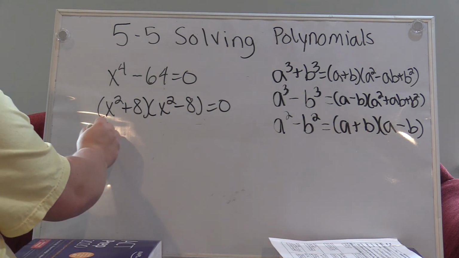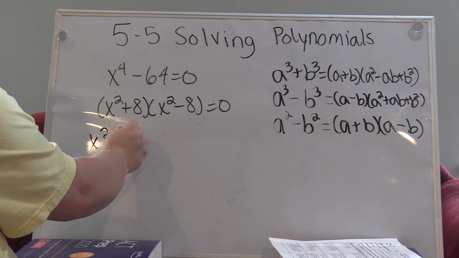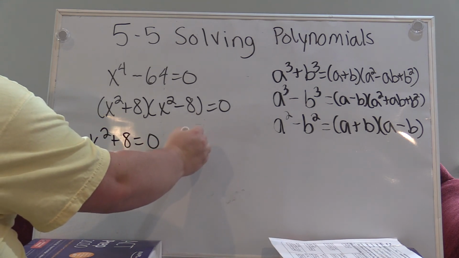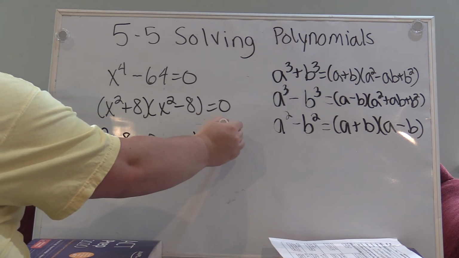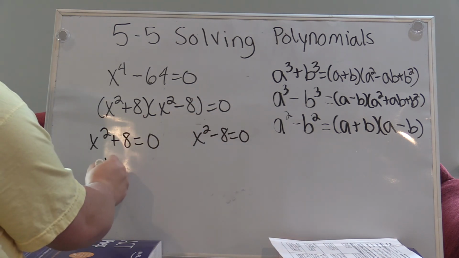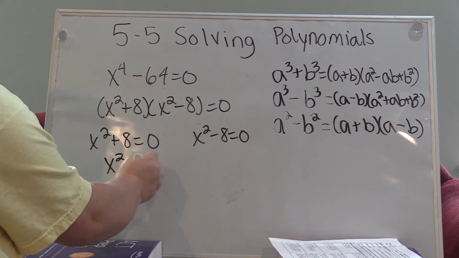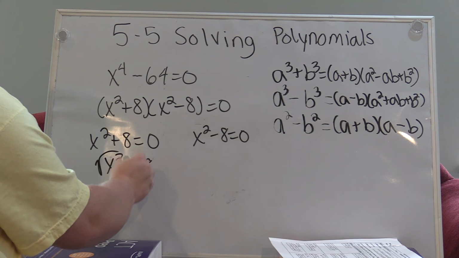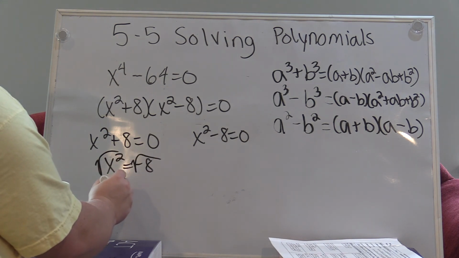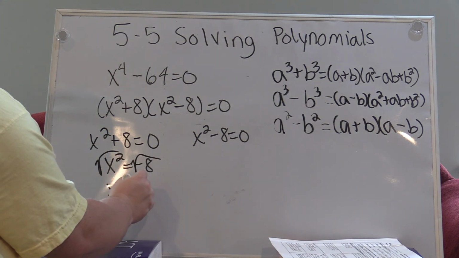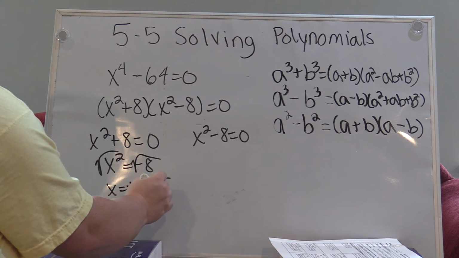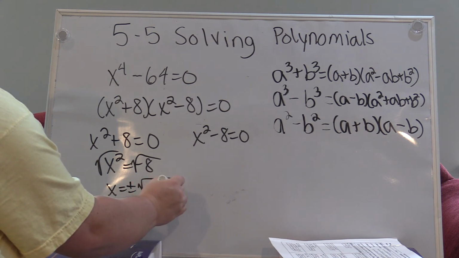So x squared plus 8 equals 0, and x squared minus 8 equals 0. X squared equals -8. Take the square root of both sides. X equals plus or minus the square root of -1 times 4 times 2.